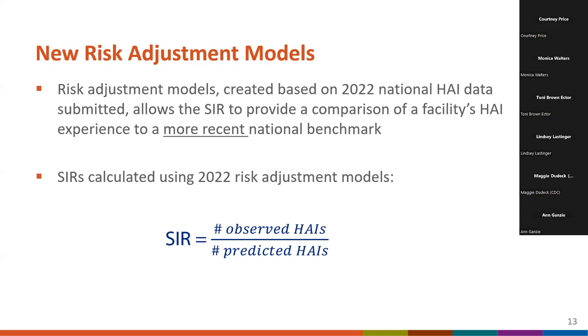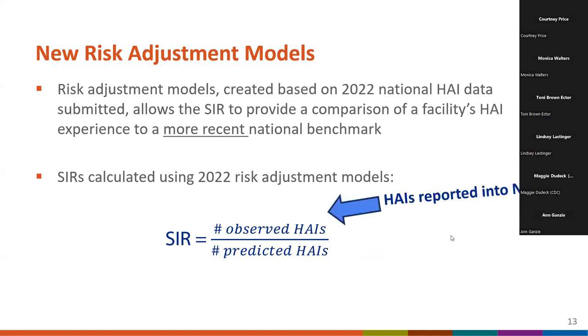Okay, so when the new risk adjustment models become available in NHSN, it will allow the SIR to provide a comparison of your facility's HAI data to a more recent national benchmark. So let's look again at the SIR formula and see what has changed when we consider the 2022 rebaseline.